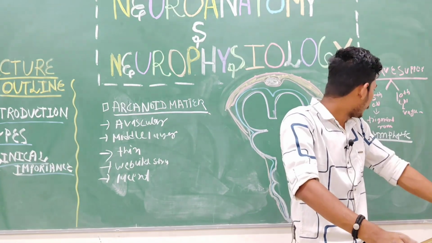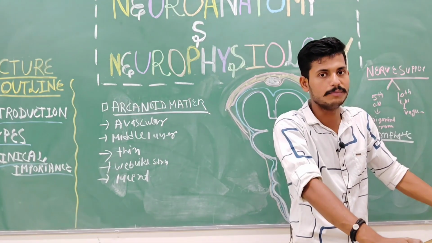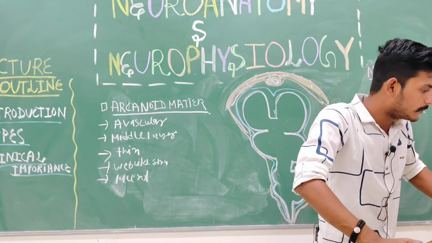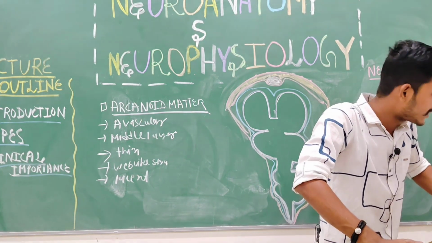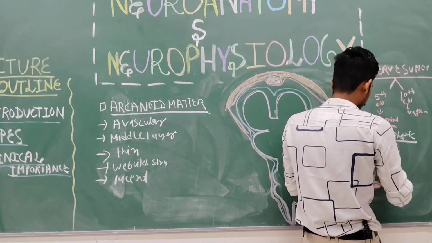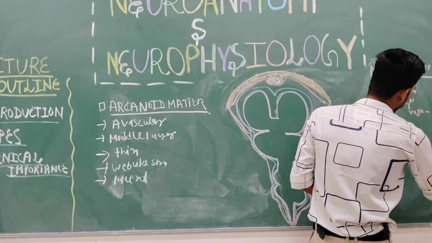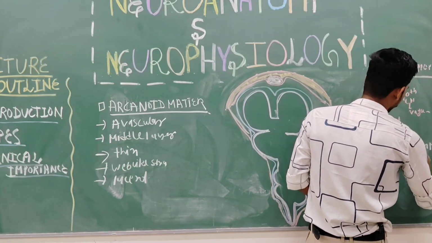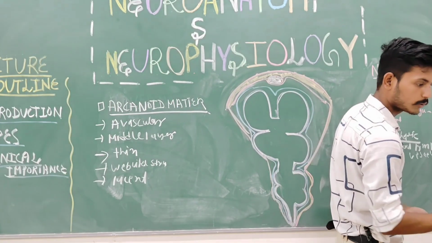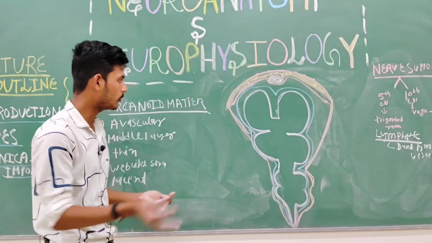And these lymphatic systems are linking the immune system with the nervous system. We have the dural lymphatic vessels. It is a 2015 discovery. Understood? Till here no problem.